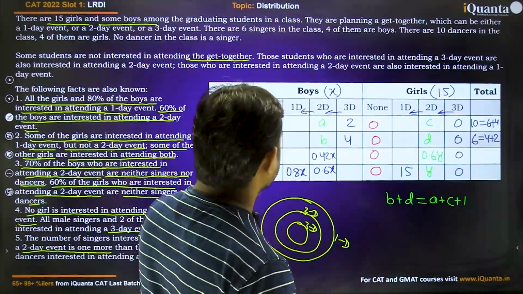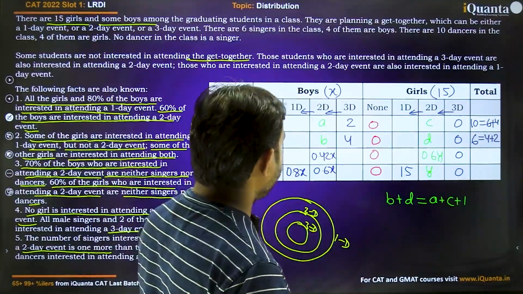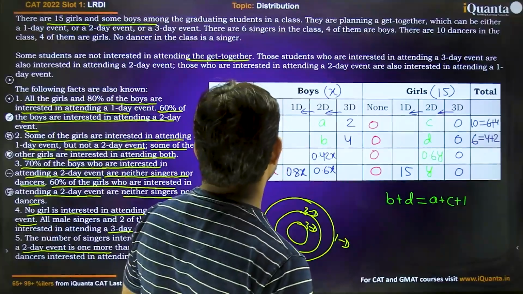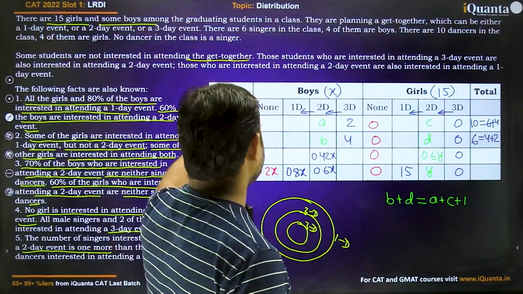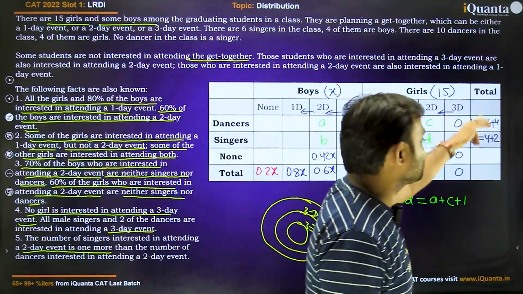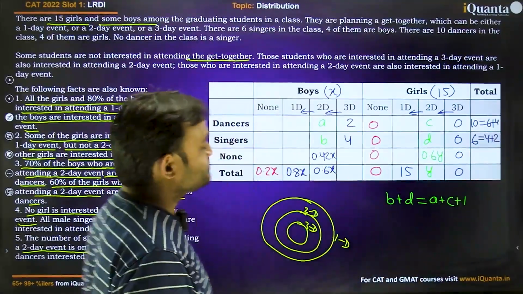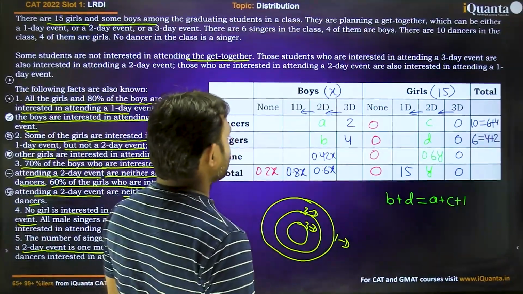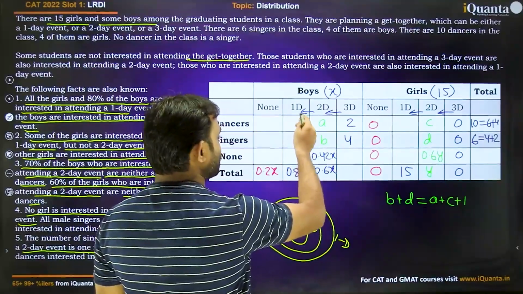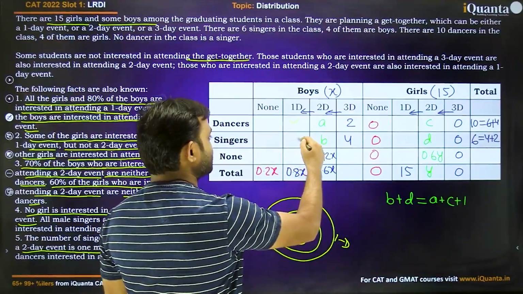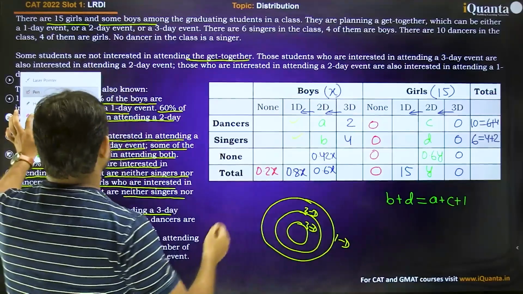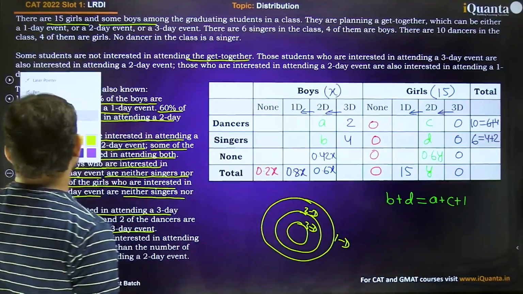What can we do here? We know that the total number of boys who are dancers and singers becomes 6 plus 4, which is equal to 10. Total is 10. So if you take this number and this number, the sum must be less than or equal to 10.